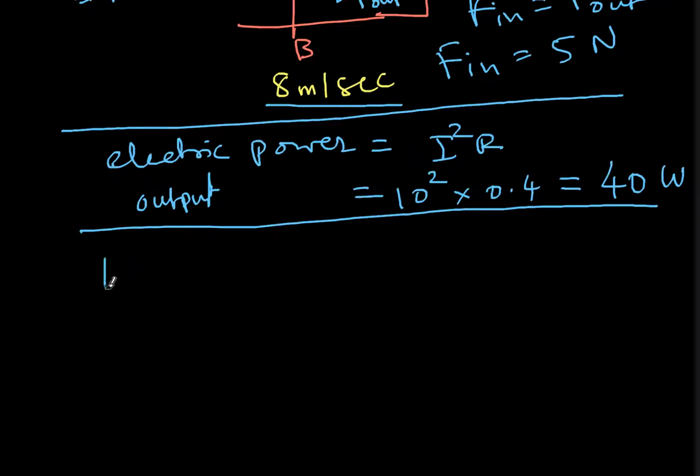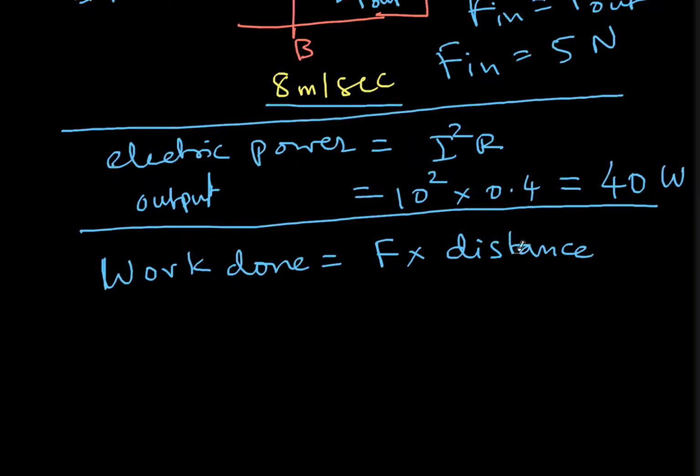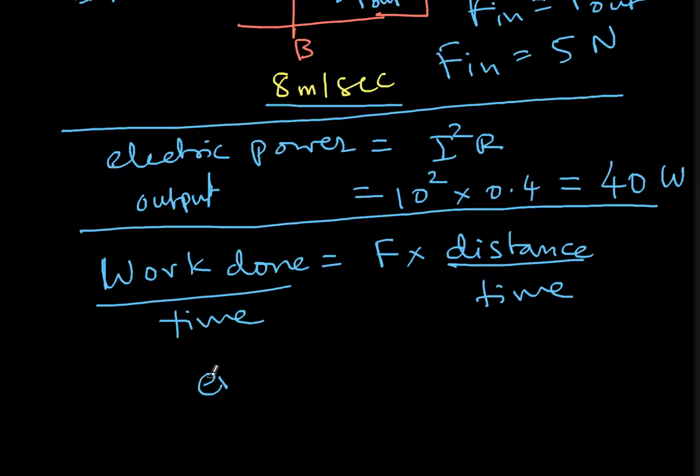See, work done is nothing but force into distance. So work done divided by time is nothing but force into distance by time. I am just dividing both sides by time. And work by time is nothing but power, while work itself is energy.